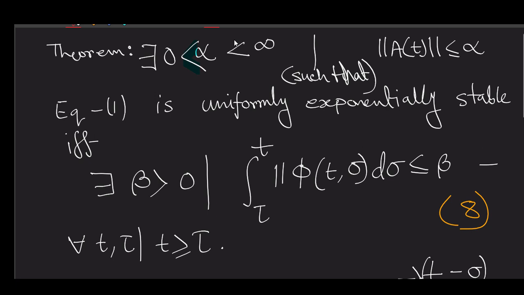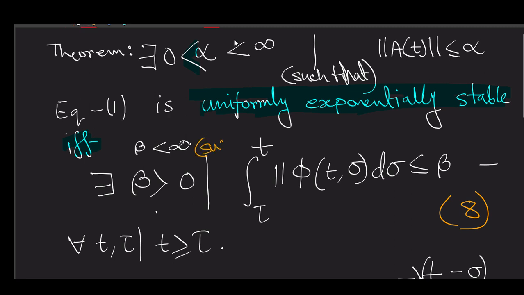Then the state equation of the system governed by equation 1 is uniformly exponentially stable if and only if there exists a finite positive constant beta, again beta less than infinity, such that any vertical line drawn in this manner indicates such that.